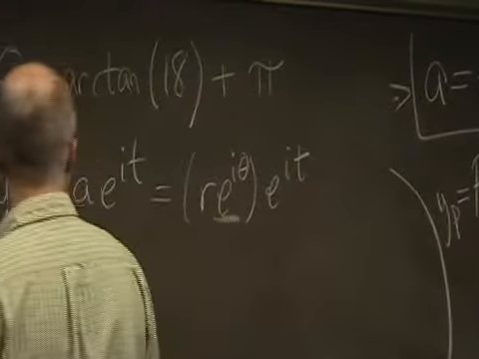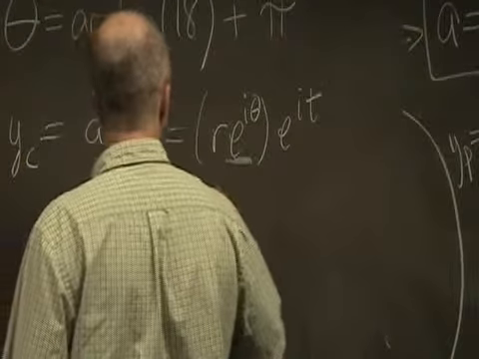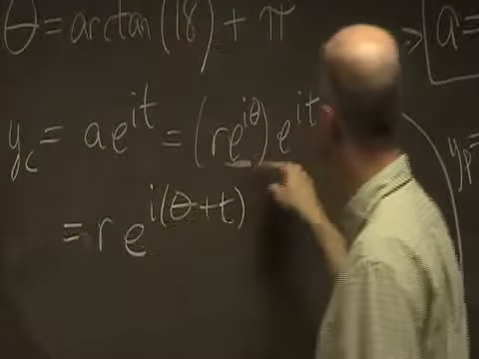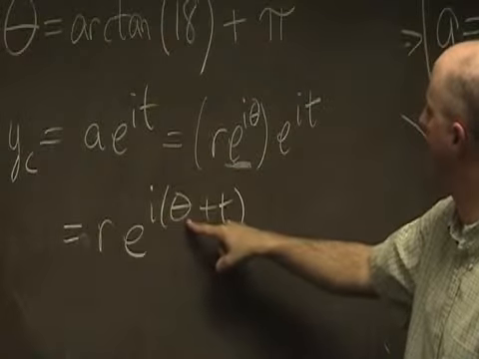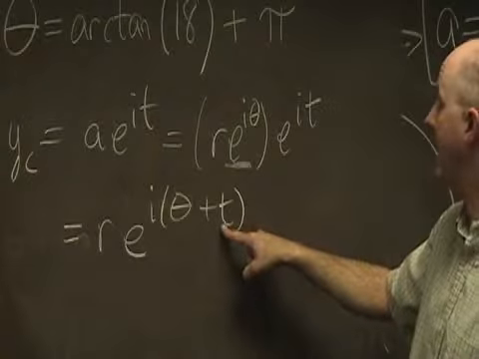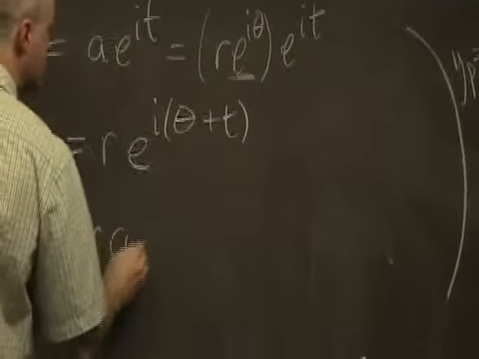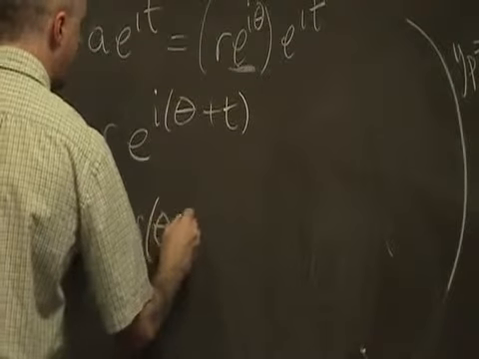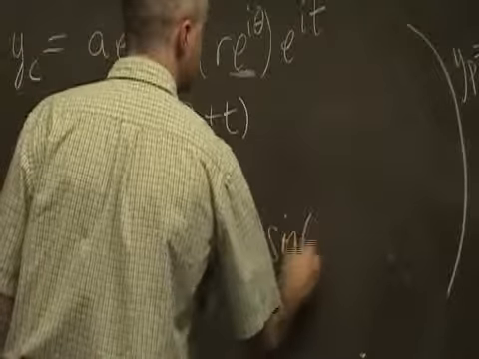Because of this representation, by using properties of exponential functions, we can combine these two exponentials like this as e to the i times the quantity theta plus t. And then by Euler's formula again, we can write this as r cosine of theta plus t plus i r sine of theta plus t.